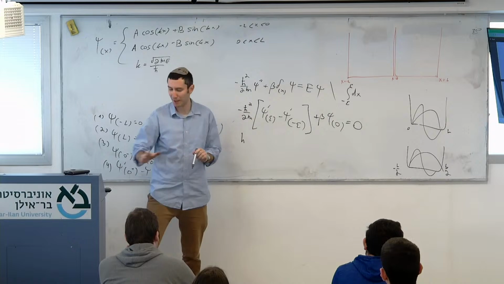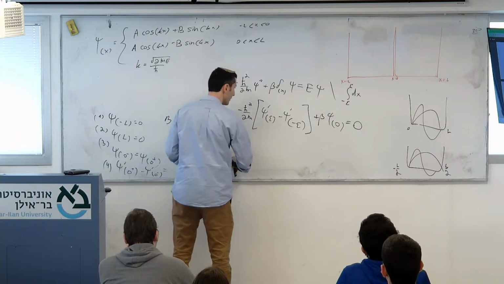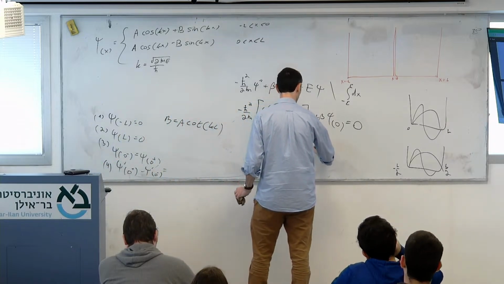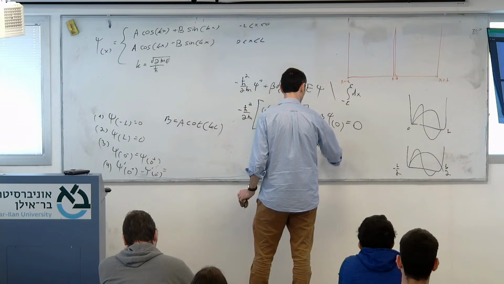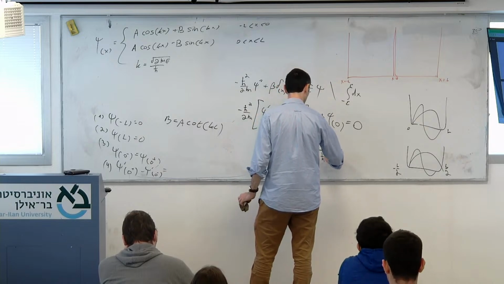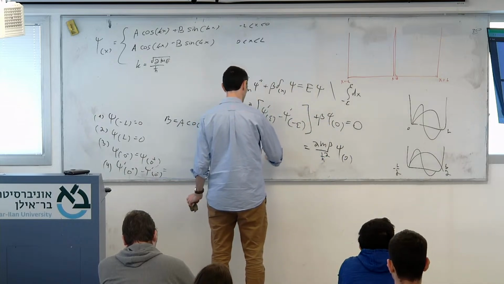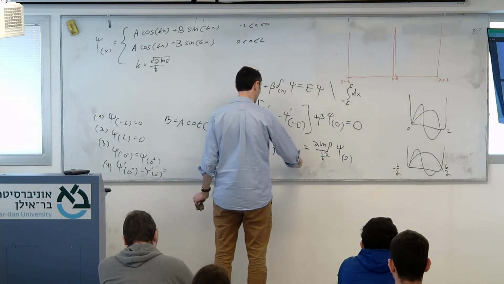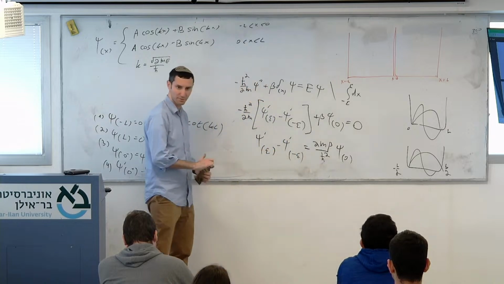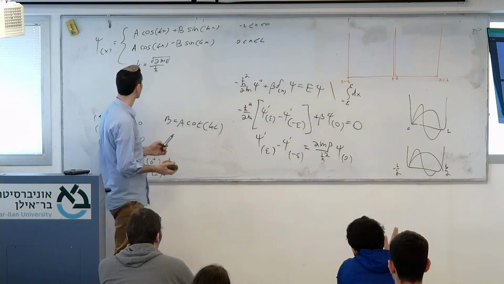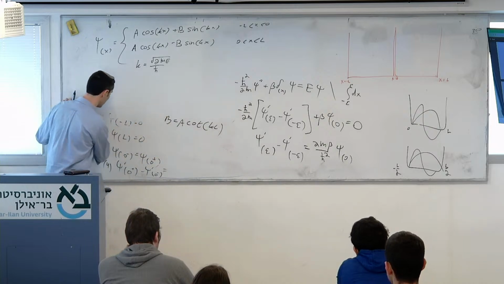And let's multiply by 2m over h bar squared. I'm going to have 2m beta over h bar squared psi of 0 is psi prime of epsilon minus psi prime of minus epsilon. And psi of 0 is a. So now I'm going to erase this.